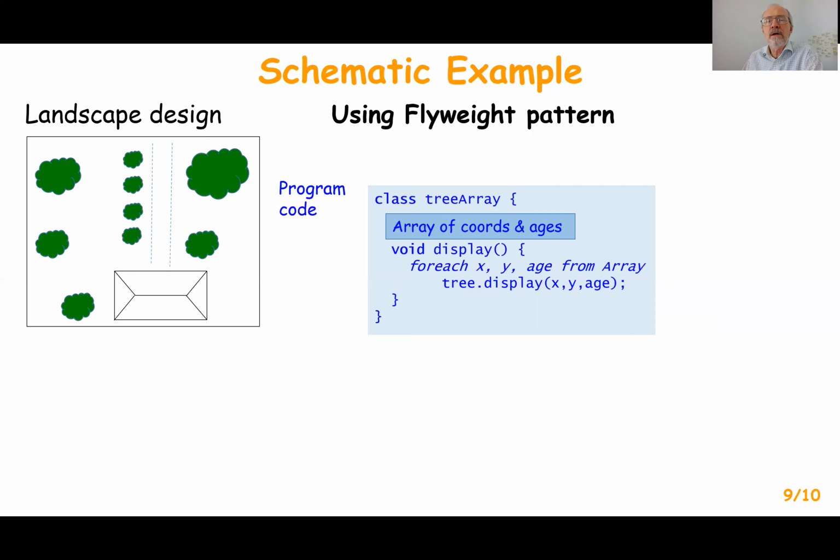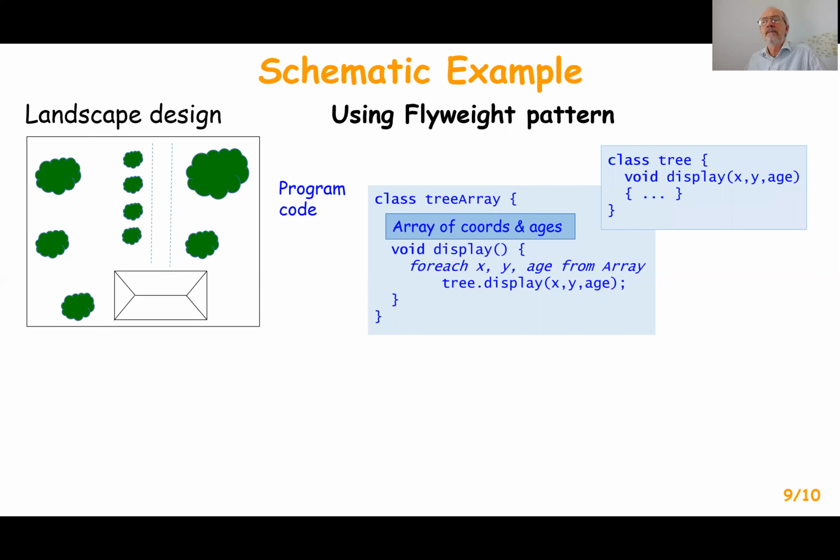And look at the member function, display. Again, I don't care about the precise implementation of this. It is quite enough for me to specify the idea of this display function. It will take the necessary attributes X, Y, and age that characterize a particular tree and applies the display function of a separate class called Tree.